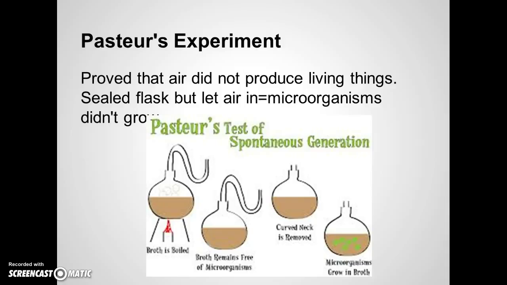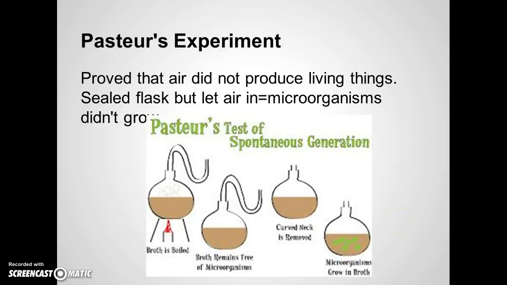In order for him to prove that, he had to not seal the flasks, like Redi had with the middle jar sealed completely, where there was no air exchange. If he allowed air in, but not necessarily the flies, then he could prove that flies were not just coming from the meat. So instead of meat, he used broth.